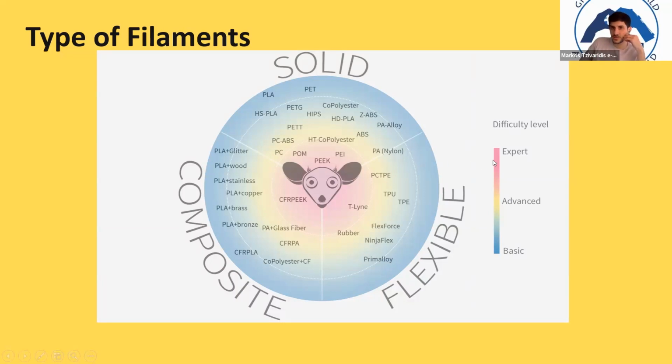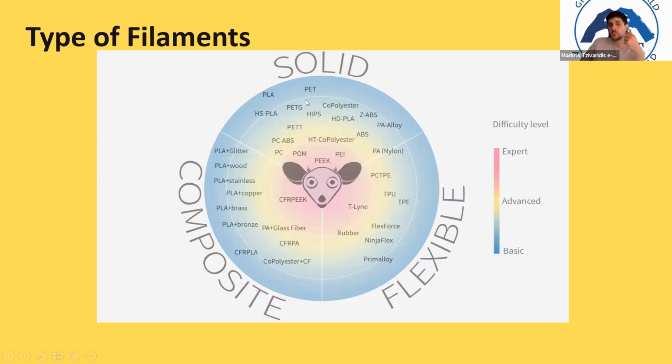Also, in this picture, you can see the difficulty of printing each filament. So, for example, PLA, as you can see, is in the outer circle because it is very easy to print. It's like the standard newbie filament to use when you start 3D printing.